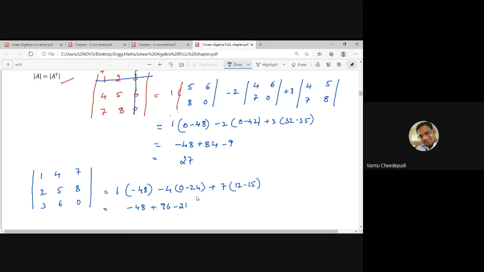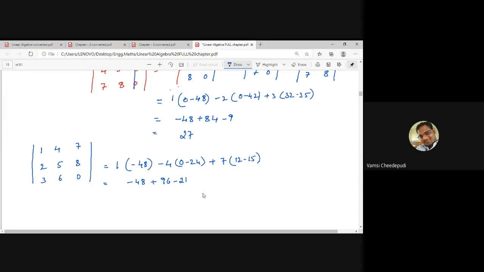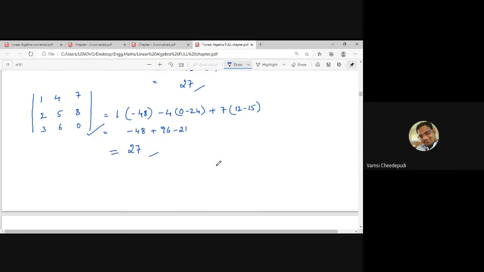Then here you should find the sum: 96 minus 48 and minus 21. And again it is 27. Now what is my observation? Sir, the given matrix and the transpose of the matrix, both determinants are the same. This is the meaning of that property.